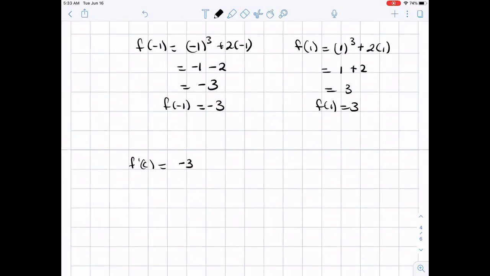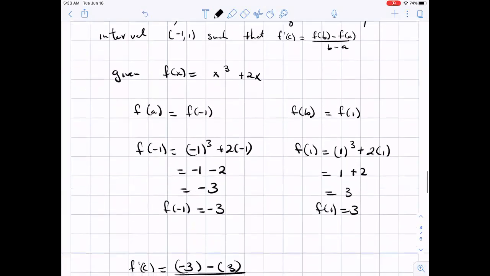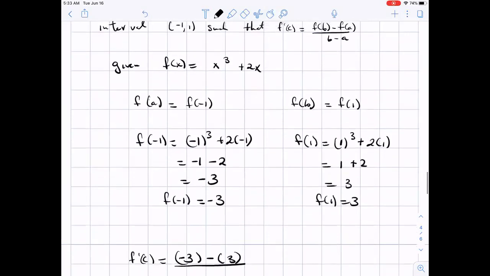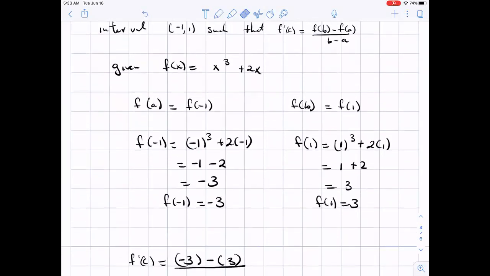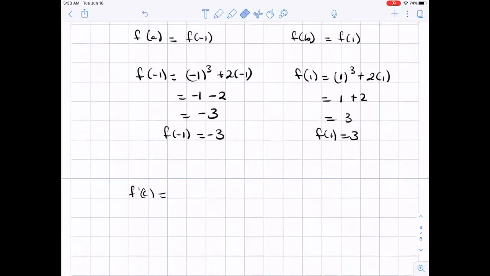This is 3 minus f of a, which is negative 3, divided by b.